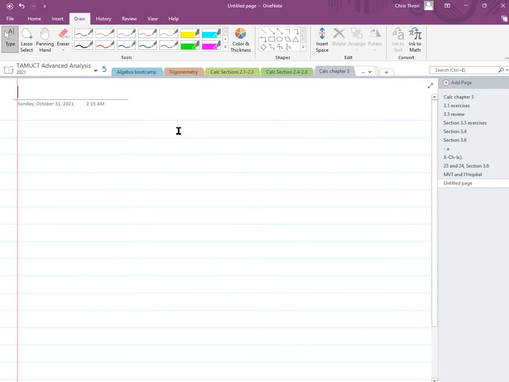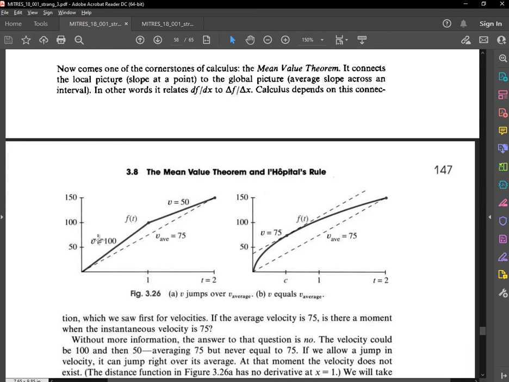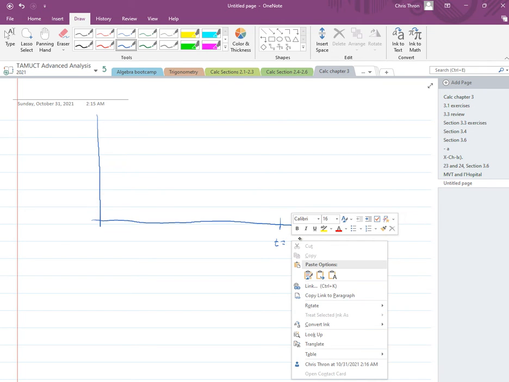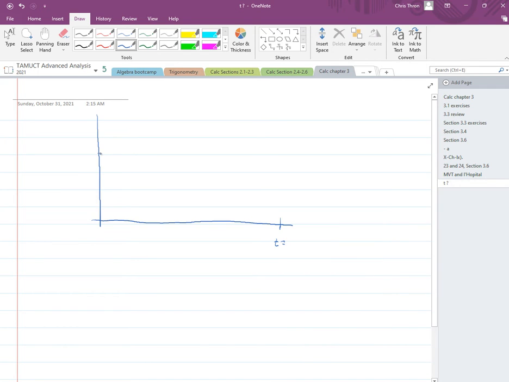Okay. As we see in this picture, the function starts out at 0 and ends at 75. But if I draw the velocity as a function of time, time t equals 2. Okay. The velocity starts out at 100. Okay. And the average velocity is here.